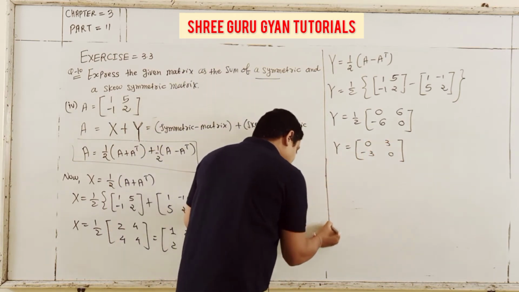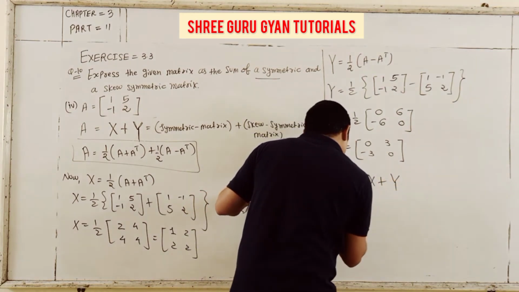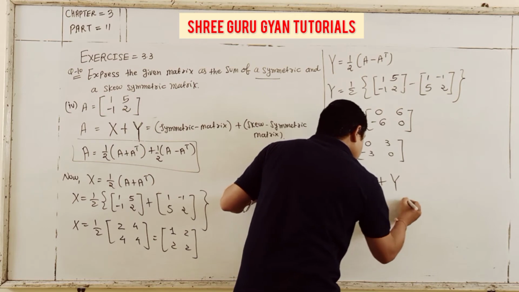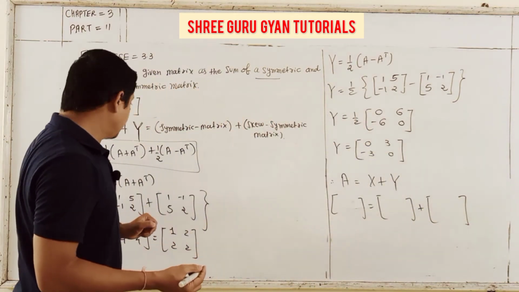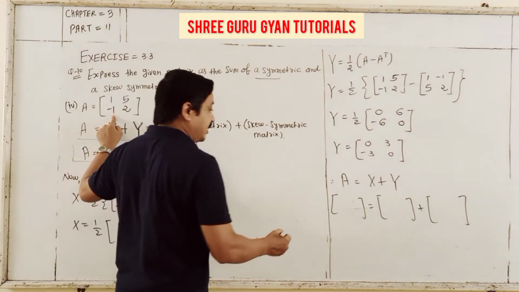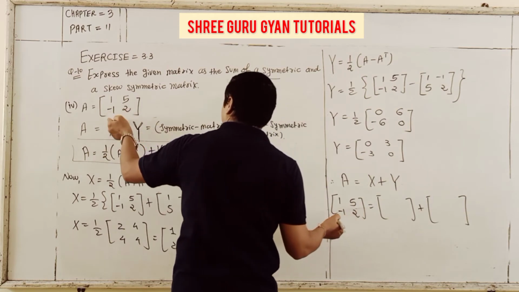Therefore finally, you will cover matrix A as symmetric plus skew symmetric. You just attach your data. Your answer is A. A is 1 5 minus 1 2.